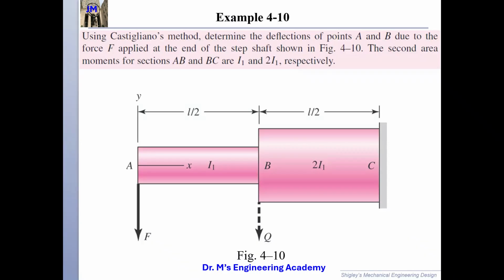Here is F, and here is Q. Mz(x) equals F multiplied by the total X. Agree? In addition to this, I have the fictitious Q, plus Q. This time, this force's effective arm equals X minus half L. So this is my X.